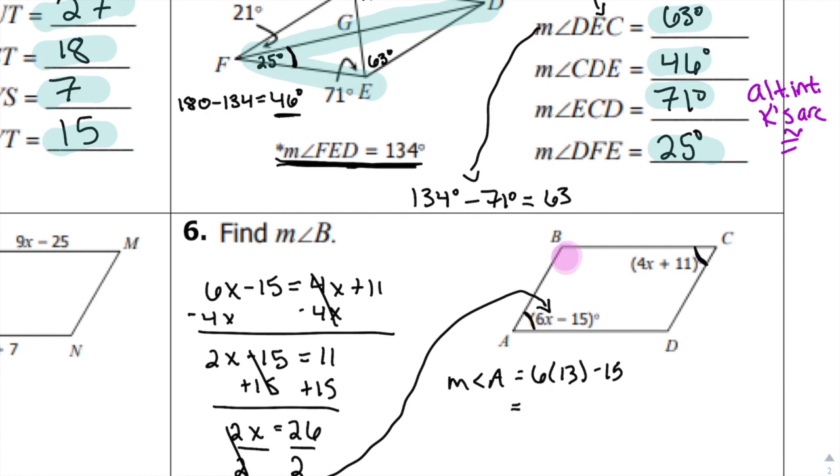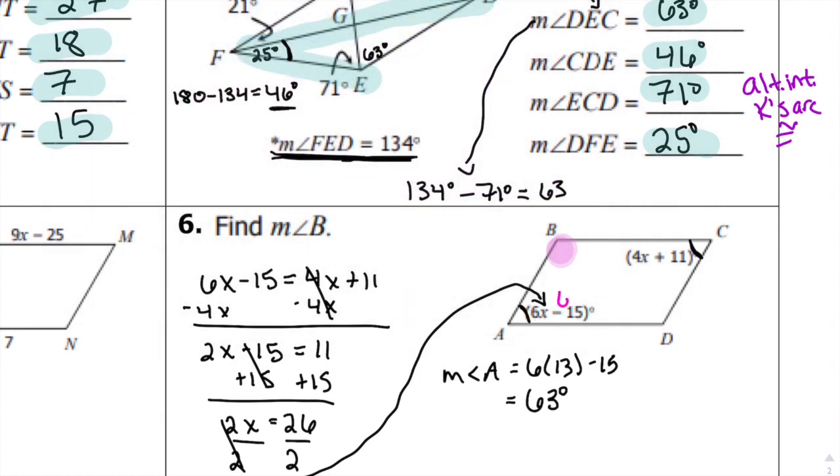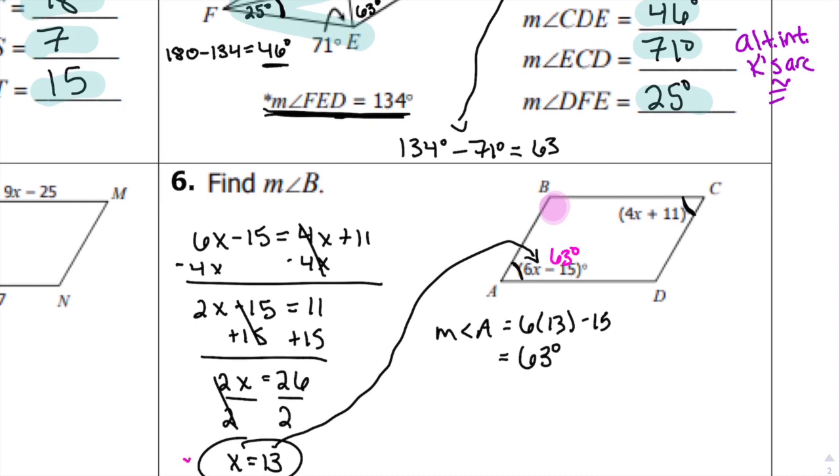So calculate that for me. All right, you should have gotten 63. So I'm going to label this 63 degrees. So now we found x, check.